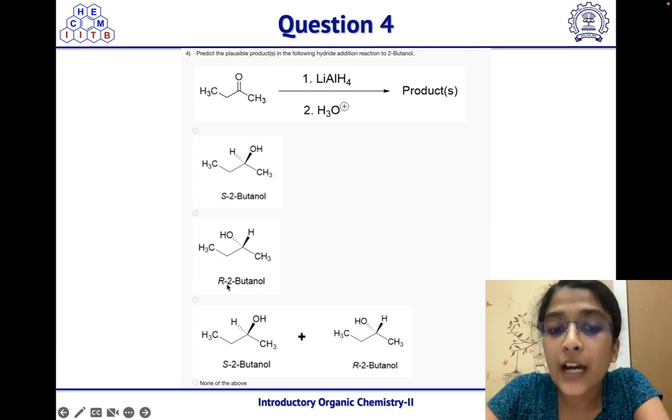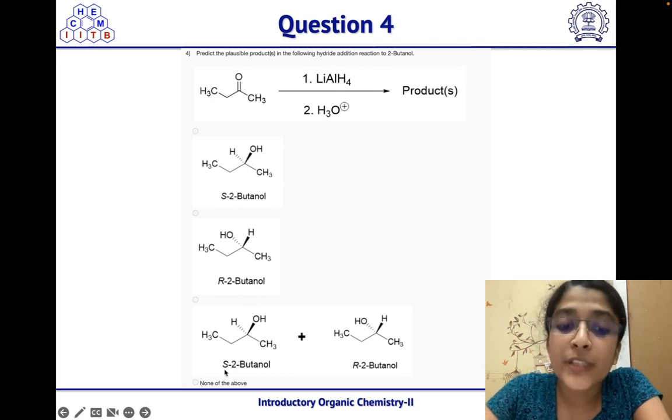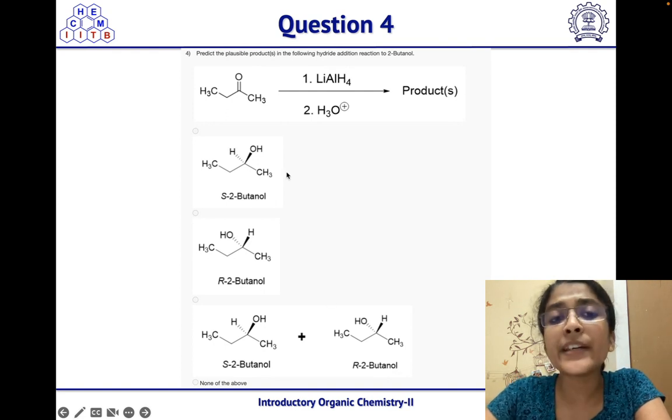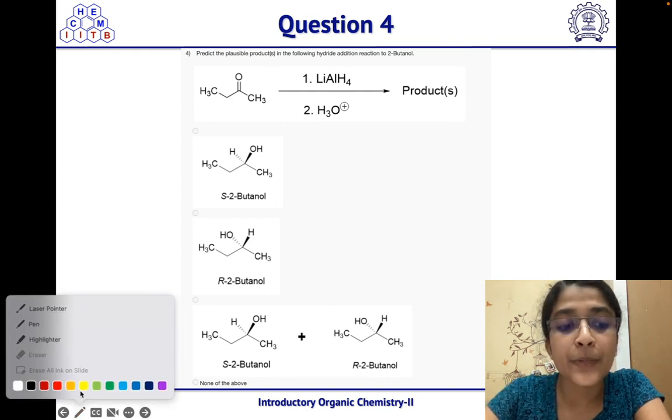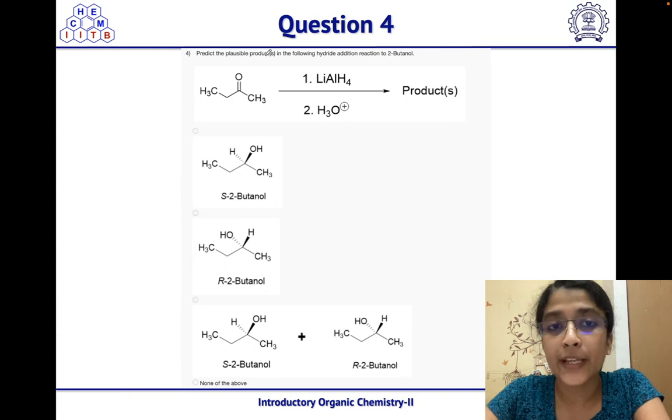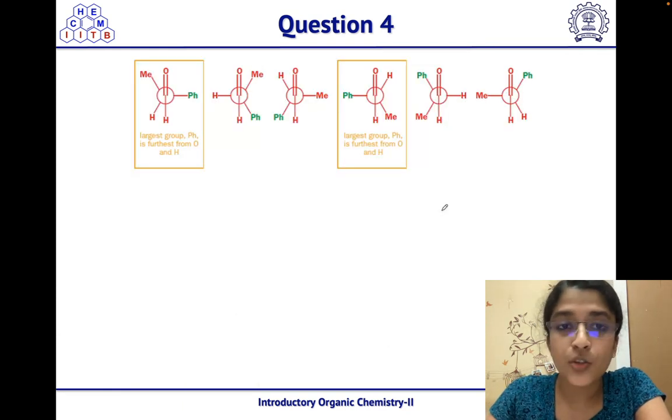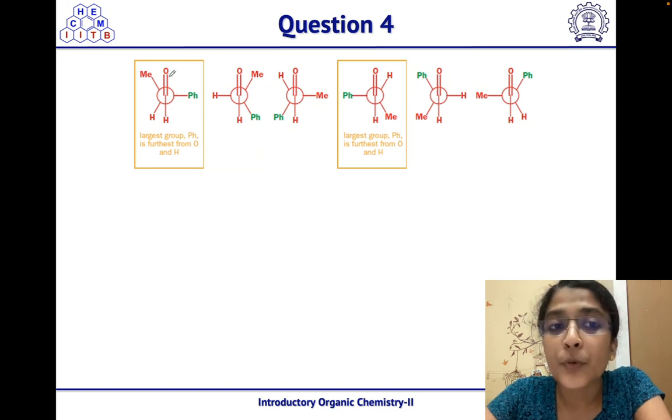The second option is only R-2-butanol will be obtained, and the third option is both S-butanol and R-butanol will be obtained. So here they have asked only for the plausible product, not the major product, right? We can see, according to the Felkin model, the largest or bulky group should be perpendicular to the carbonyl group.